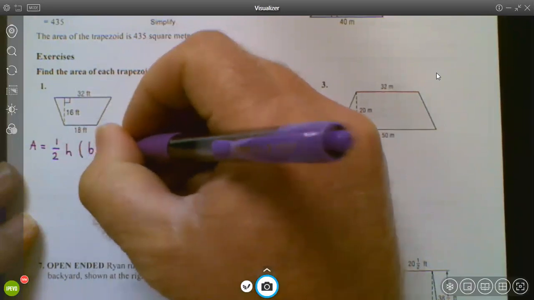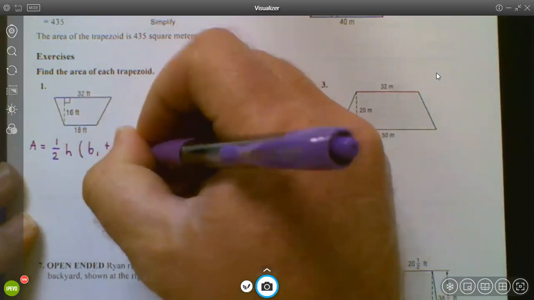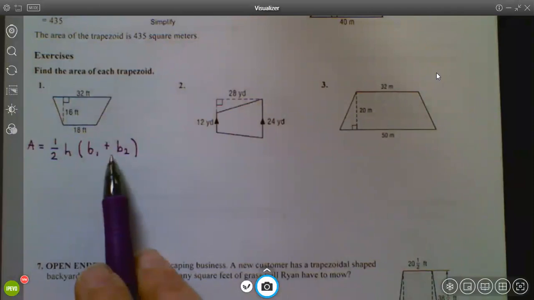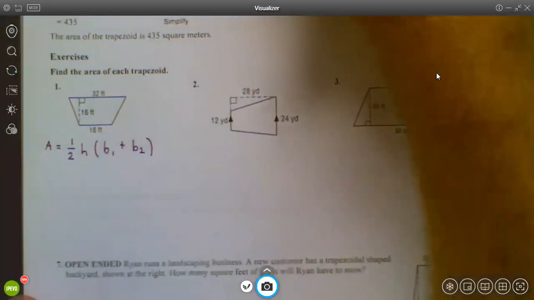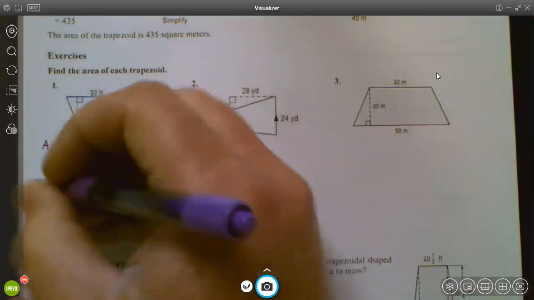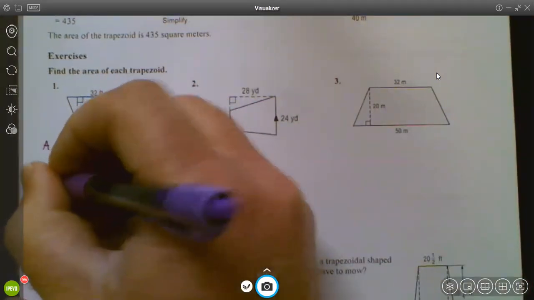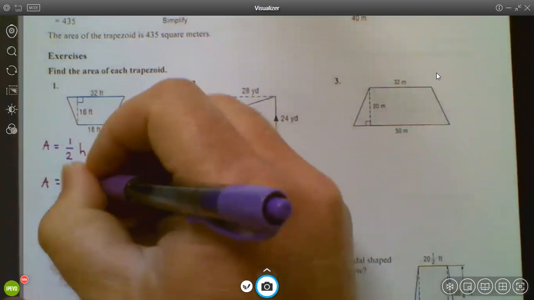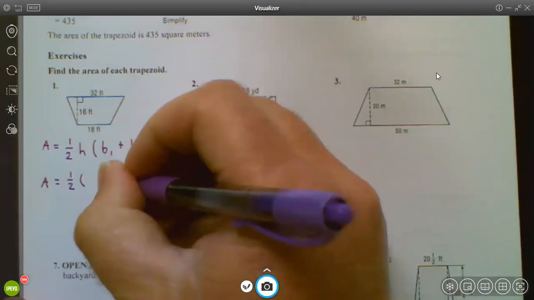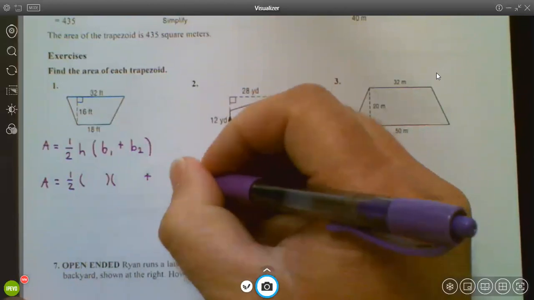Good question. It does not matter which one is base 1 or base 2 because we are adding them. Order doesn't matter when you're adding. So either one could be base 1 or base 2. So I always encourage you to start by writing the formula first. Your second line should be the substitution line. This is where we sub in the actual numbers. We're going to figure out the height, and we're going to figure out the 2 bases, and we're going to plug those in.